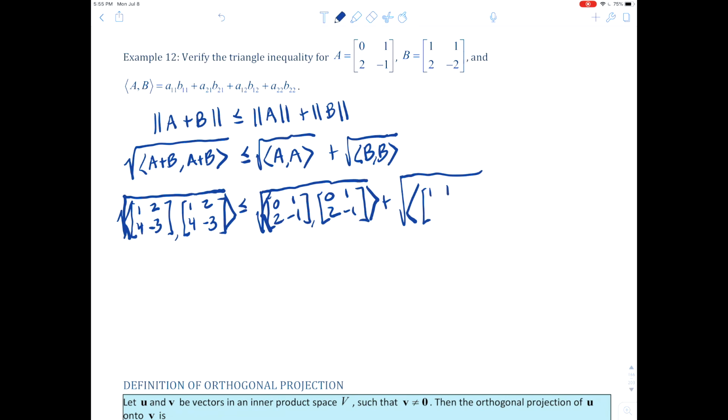So that'll be 1, 1, 2, negative 2, 1, 1, 2, negative 2. All right, I think we've got it all cleaned up here.